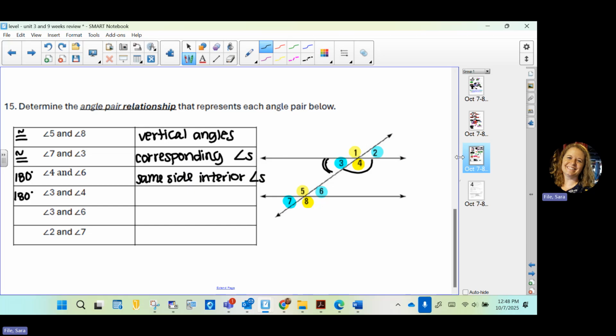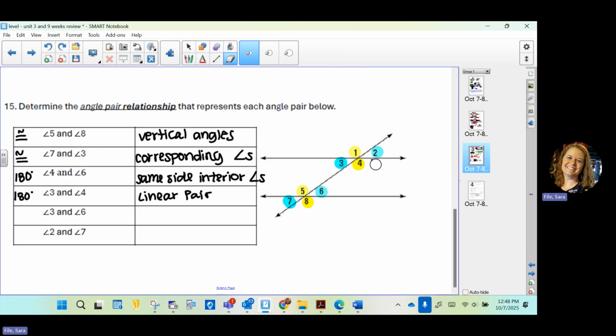Who remembers what that's called? They form a line together. Line is a part of the name. Linear pair. Good. That is a linear pair, because they form a line together. They're next to each other. They have a shared side.